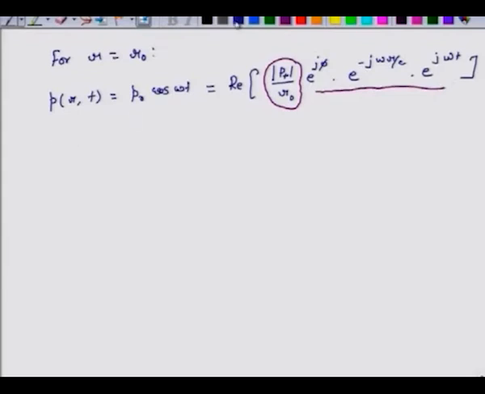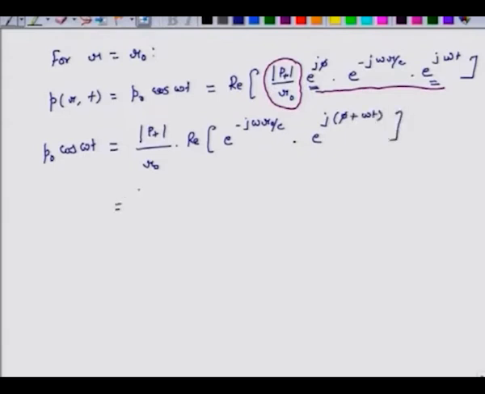So, what I get is P naught cosine of omega t equals magnitude of P plus divided by r naught times real of, I will rearrange some of these terms here, e to the minus j omega r naught over c times e to the power of j, and then in parenthesis I combine these terms, phi plus omega t.